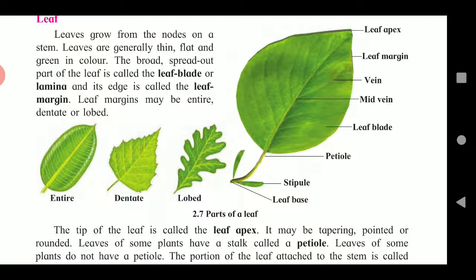Then types of leaves. Generally, leaves are divided into two main types: simple leaves and compound leaves.